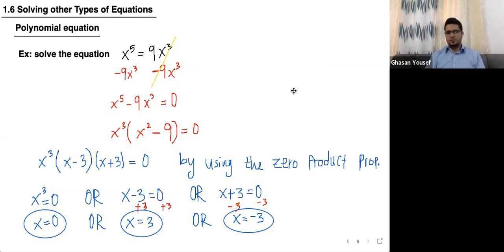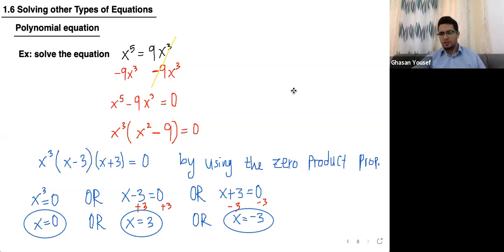Any question for this? Okay, this is how to solve a polynomial equation that looks like a quadratic.